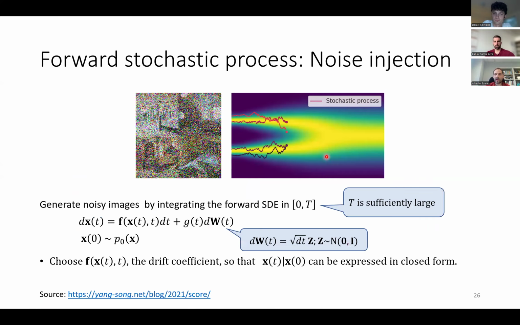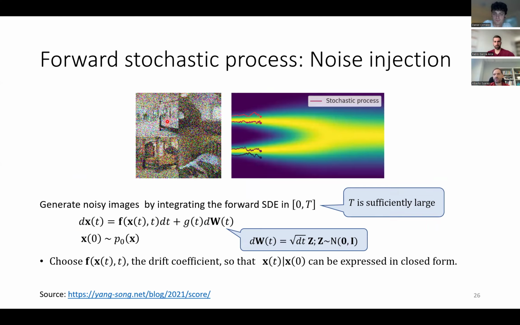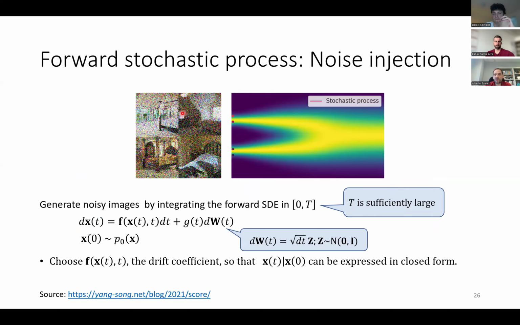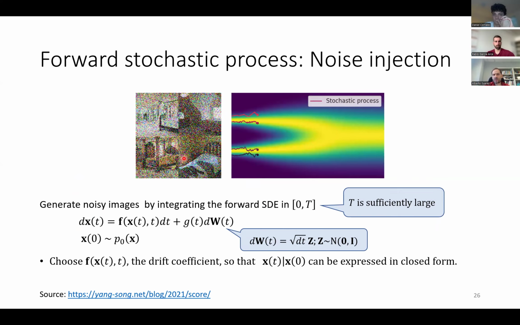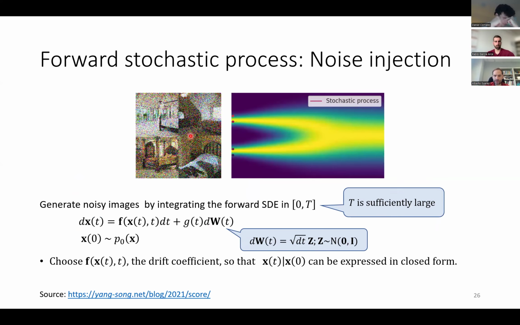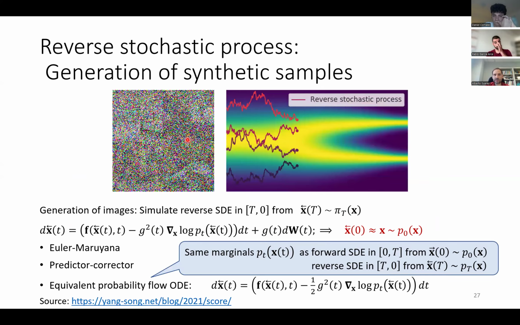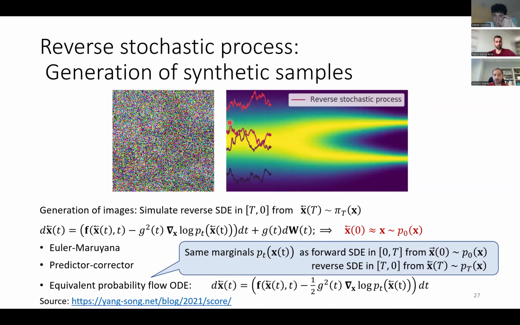Okay, here you have the same cartoon for the forward process. On the left is basically, instead of a one-dimensional model, what would happen with a true image. Okay, you start with the images, these are images of rooms, and you're injecting noise, and eventually you just get Gaussian white noise at the end. Okay, and the idea is that now I want to invert the process. I start with 4 particular values, which correspond to these 4 trajectories.